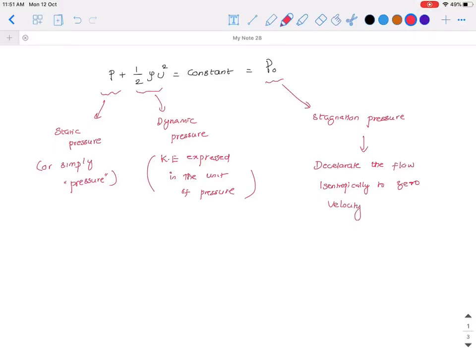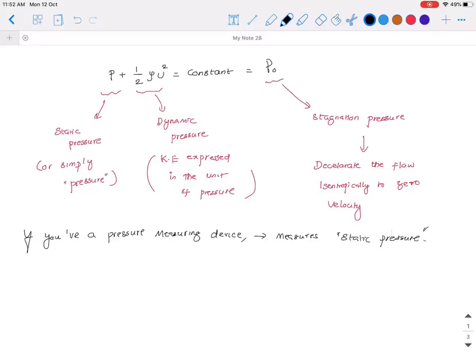Suppose you have a pressure measuring device and you keep it in a fluid flow. It actually measures static pressure, or simply pressure.